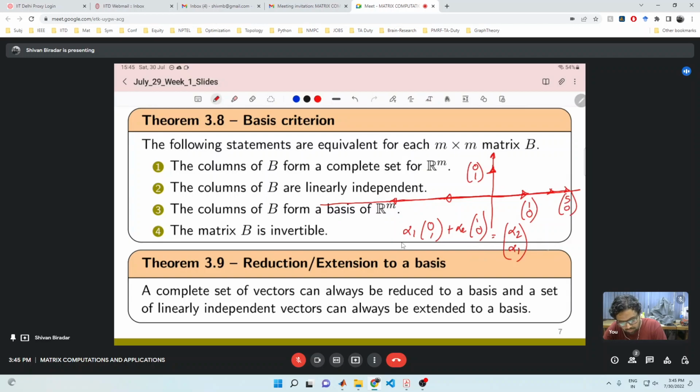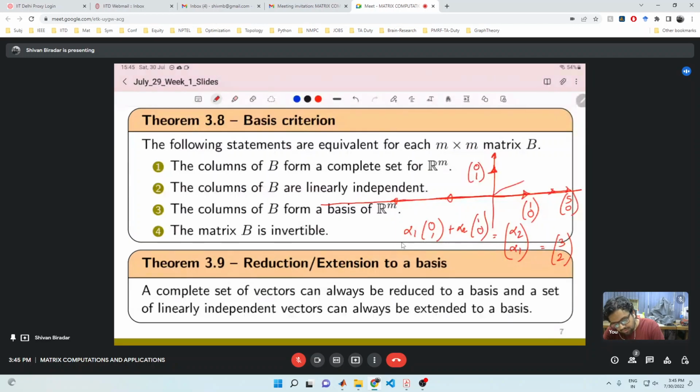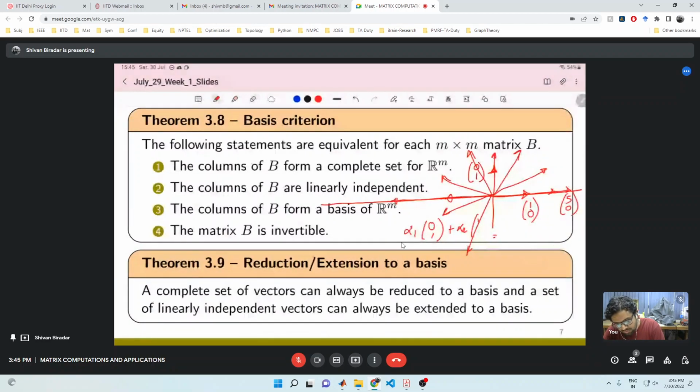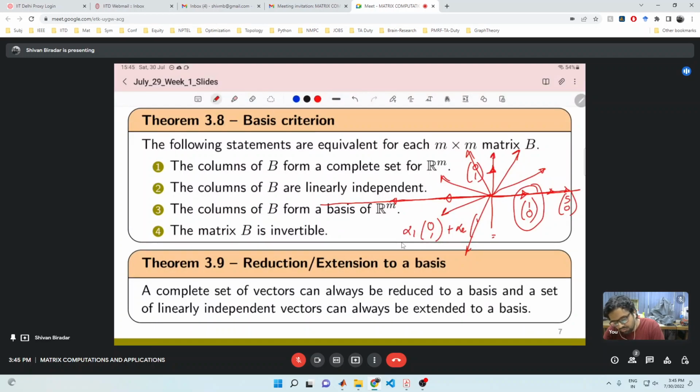If alpha 1 equals 2 and alpha 2 is 3, then I'll get a vector something like this. You can take any value of alpha 1 and alpha 2 and you can generate any vector here. So what is happening here is that just using these two vectors, (1, 0) and (0, 1), you can span the whole space. Right?